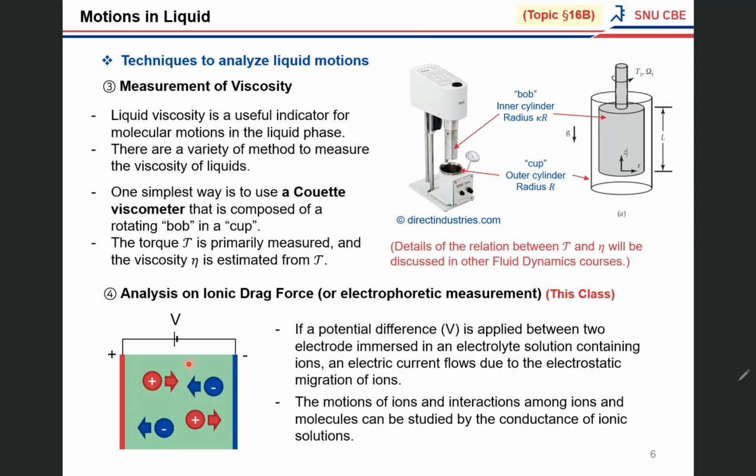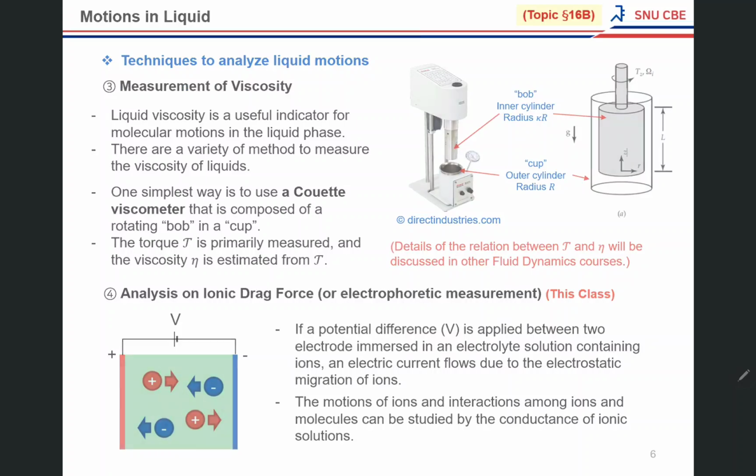By measuring the movement of charge, that means you have the electric current, you may be able to find out the resistance or the conductance of this liquid sample, so that you can correlate the liquid conductance to the intrinsic properties of the liquid phase that are related to the motions of the molecules in the liquid phase. So this is the topic that we are going to talk about today.